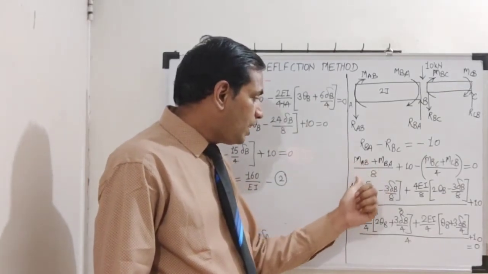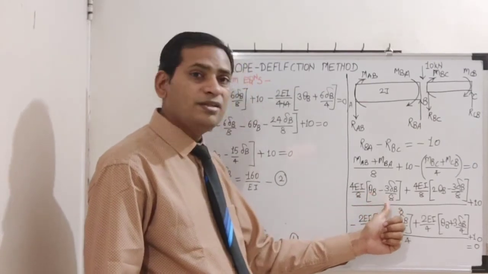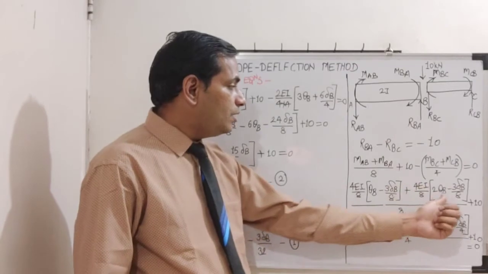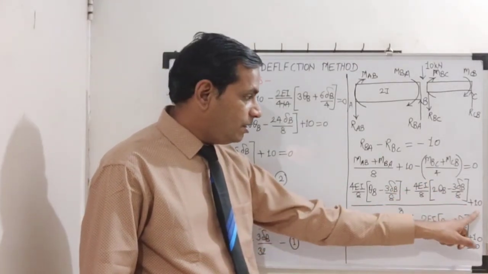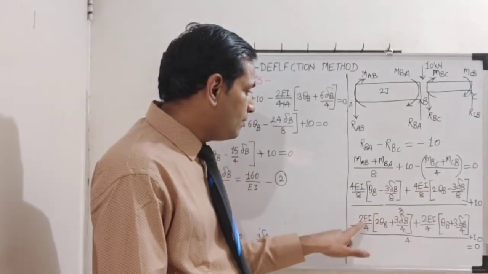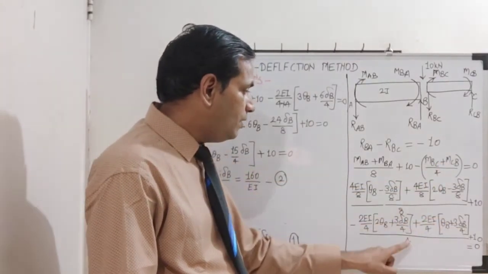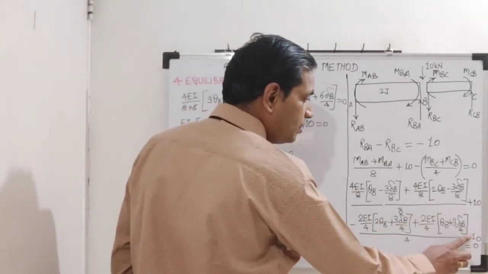So MAB, I have substituted this as 4EI by 8 into bracket theta B minus 3 delta by 8. Then MBA, this particular value, plus 10. It is here plus 10, minus MBC, this value, MCB, this value, divided by 4. So this is equal to 0.